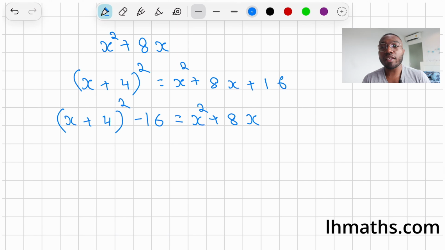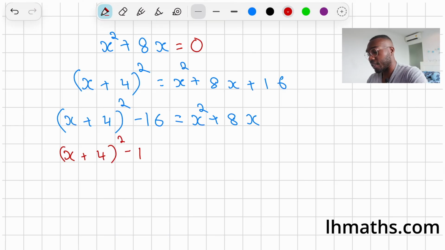But you might be wondering then, why do we do this? What does this mean? Well, imagine if we had x squared plus 8x, and imagine that was equal to 0. If we had this type of question where it's equal to 0, that means that x plus 4 squared minus 16 could also be equal to 0.